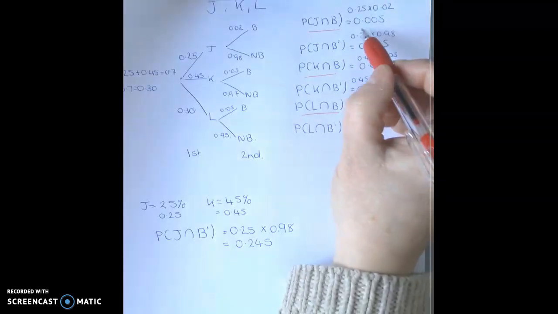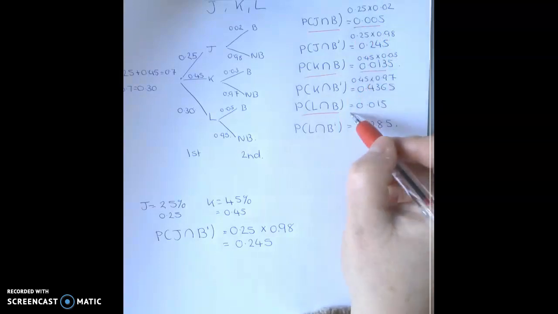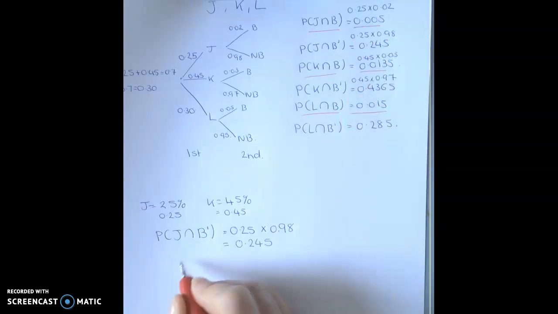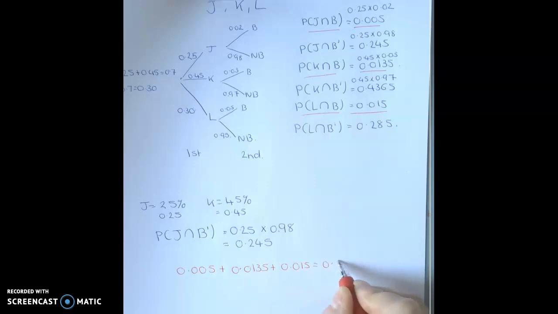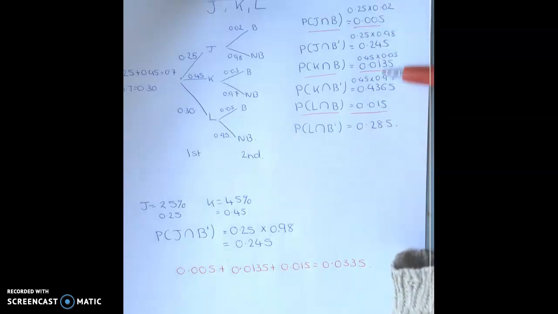So we can simply add the probability of each machine together. That would give us 0.005, add 0.0135, add 0.015, and that equals 0.0335. I think that is the simplest way of doing it, but that relies on the fact that you've already listed out your probabilities at the beginning, but that is what the question did ask us to do.